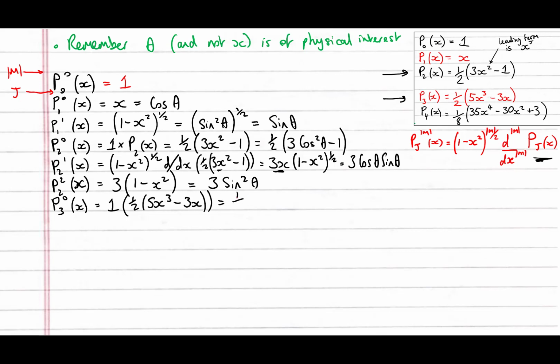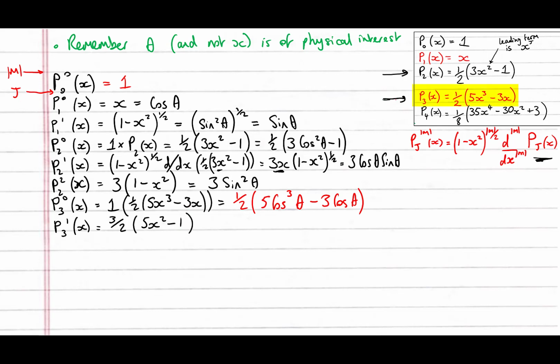I'm going to start writing this in a different color. It ends up being 1/2 (5 cosine cubed theta minus 3 cosine theta). And the last one I'll do actually, P3 1, m is equal to 1, j is equal to 3. Again, let's just kind of jump forward here. 5x squared minus 1, and that's the piece in the derivative with that 3.